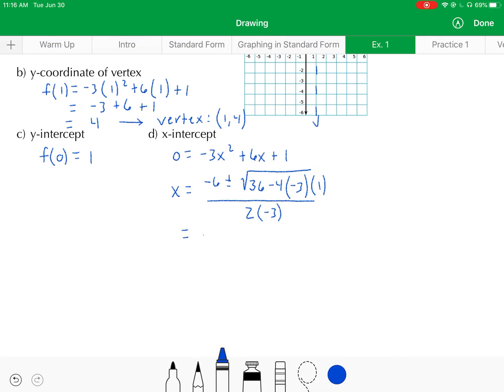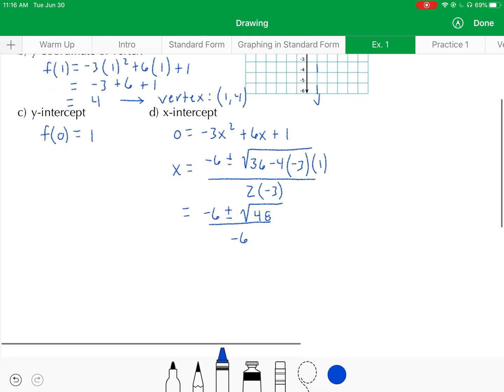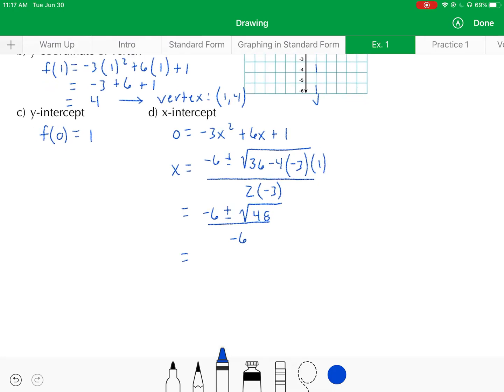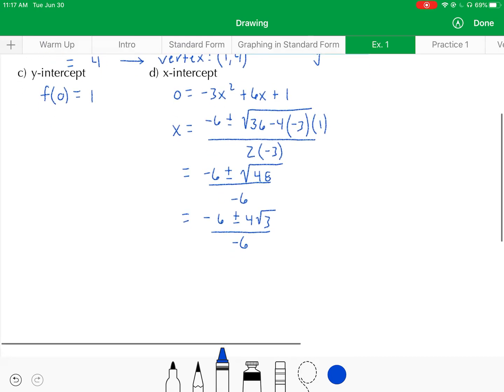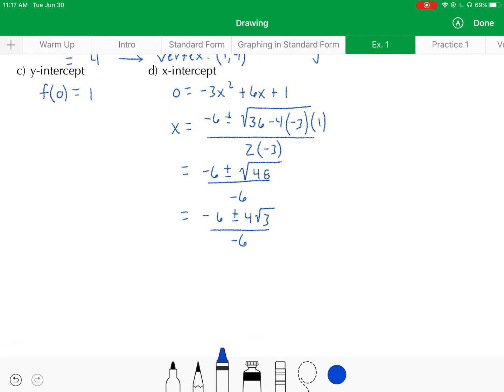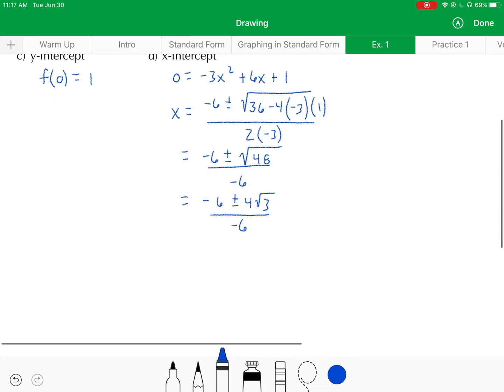Okay, so now we simplify. The square root of 48, you can simplify that radical, it becomes 4 radical 3. Once we pull that 4 out, we're able to divide a 2 from negative 6, 4, and the negative 6 in the denominator.